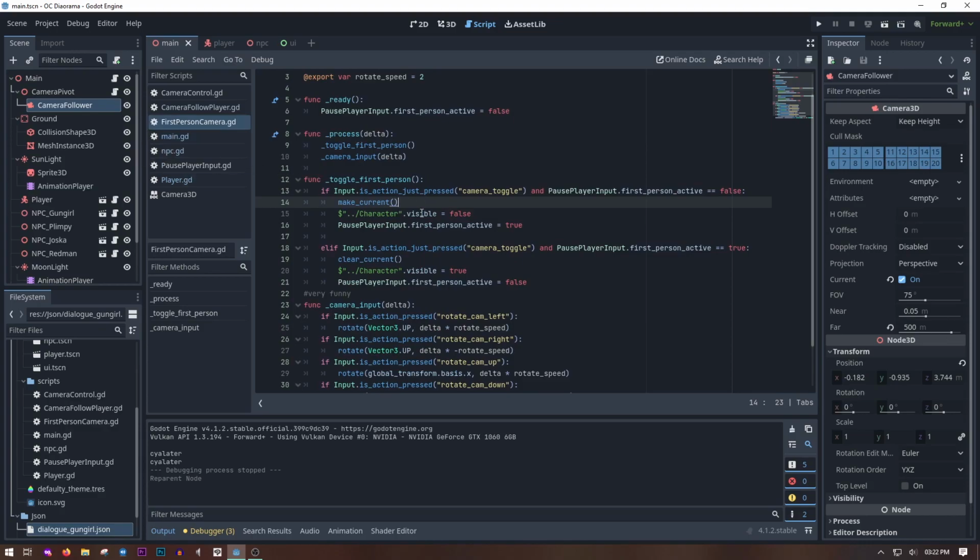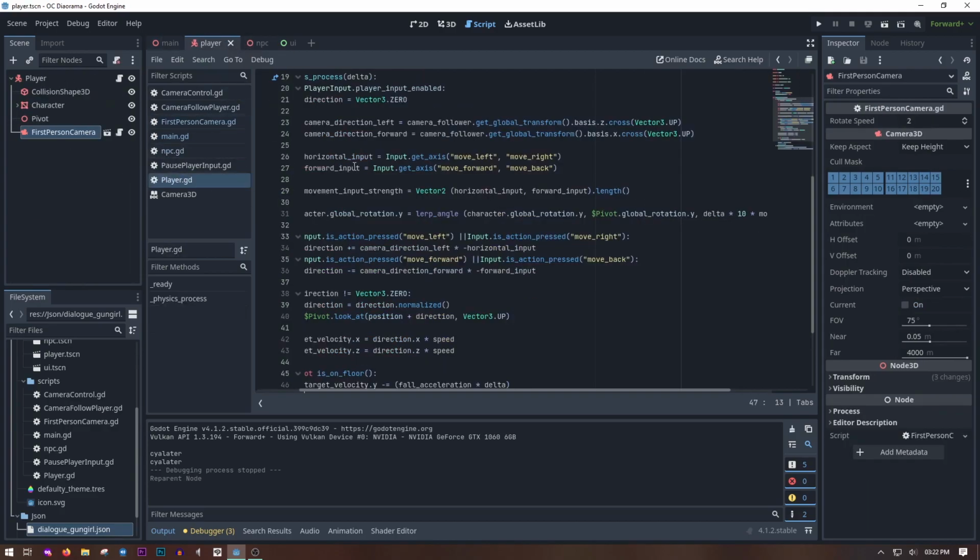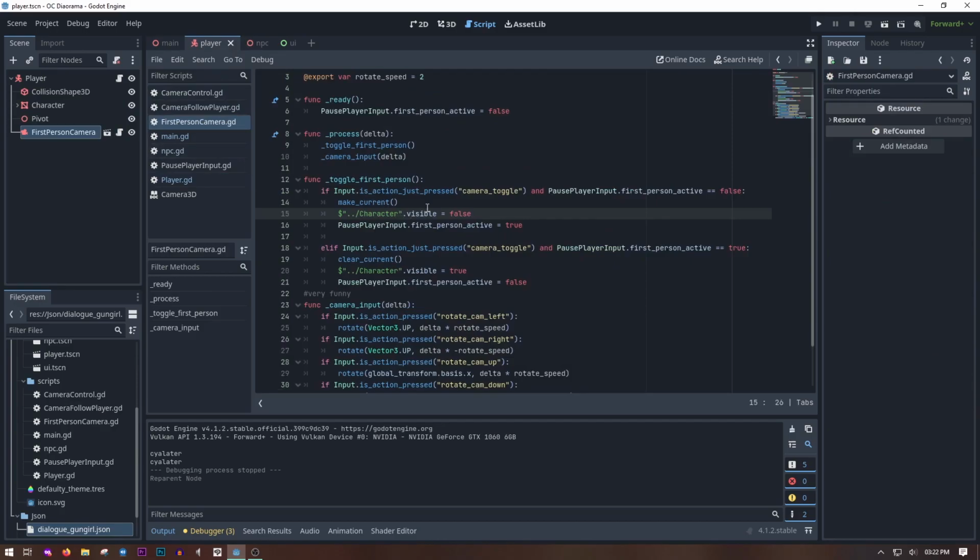Okay, so make current camera, make the character visible, because we don't want... I mean, we could have it so they're visible, but if they're visible, they don't change their position, because the camera is not tied to the position of the character. It is just rotating the same way.